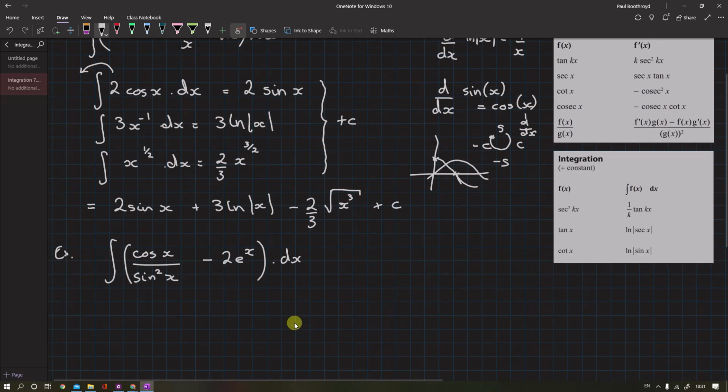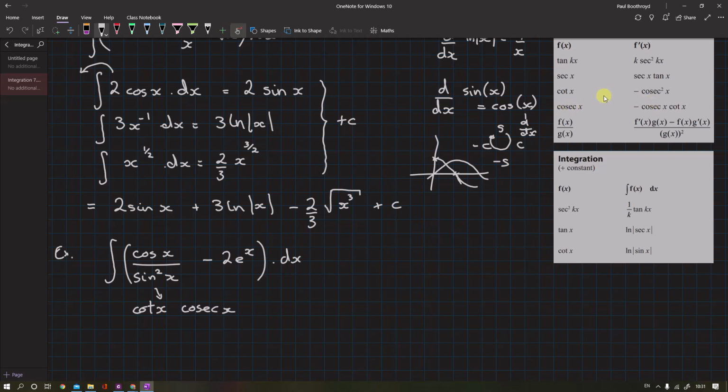Let's just have a look at the stuff we've got here. What we actually have is cos over sine is cot x, and 1 over sine is cosec x. So that's what that becomes. And if we look over here, we've got cosec x cot x is minus cosec x.